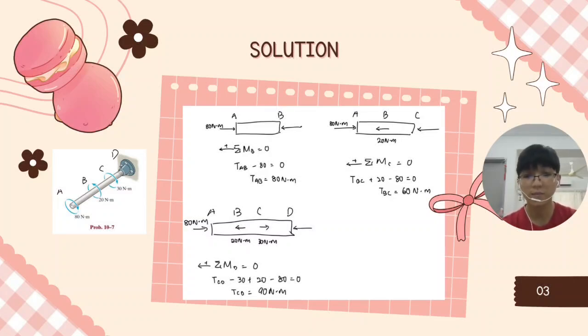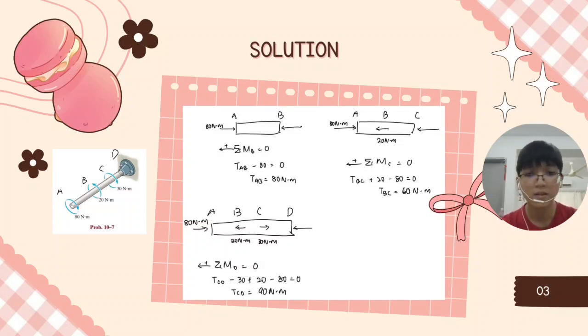There's an important point about the direction of the torque that we calculate. For example, at TAB, because we need to balance the equation, of course it must be in the opposite direction to AD. So the direction of TAB will point to the left. Then for TBC, if we calculate the resultant, the direction will also point to the right because 20 is also less than the 80.